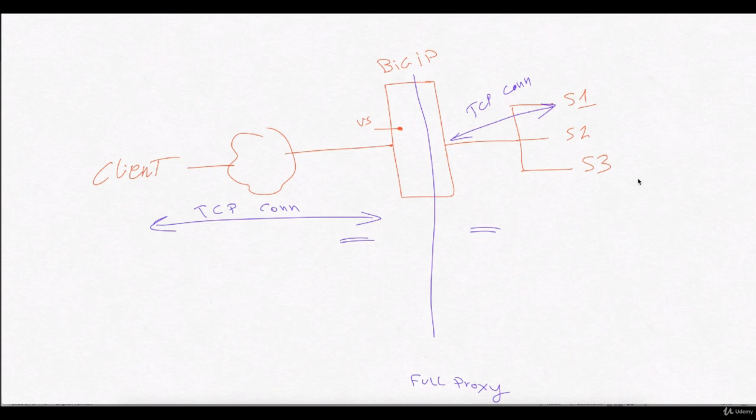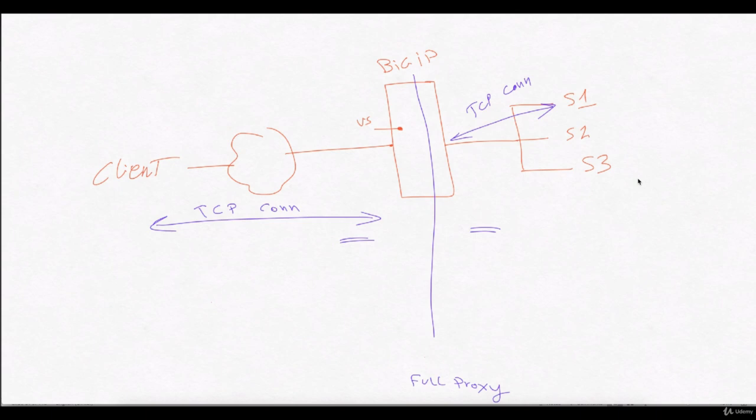Any parameter like window size, like any other feature you want to enable or disable within the TCP protocol, you can do it either on both sides or on one side. So you have the flexibility if you want to change something between the Big IP and the client.